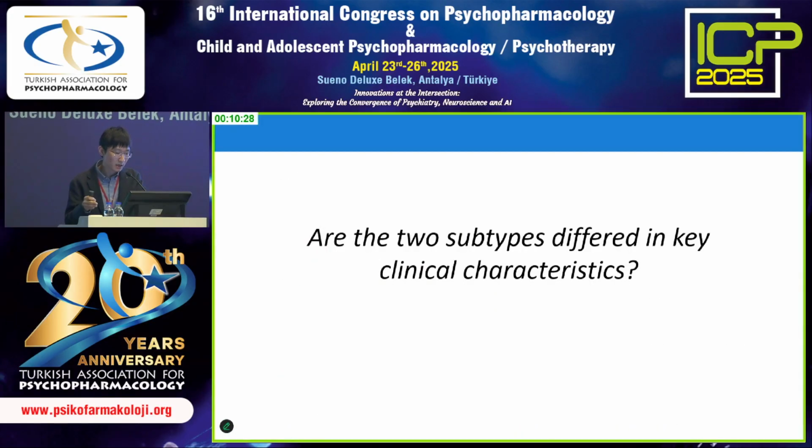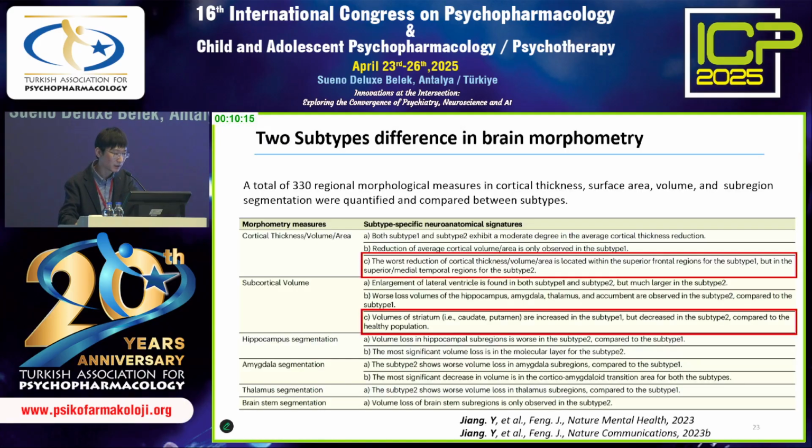Another point we are interested in is that the two subtypes differ in other clinical characteristics. We measured a total of 330 regional morphometry measures in cortical thickness, surface area, volume, and subcortical features, and compared the differences between the two subtypes.